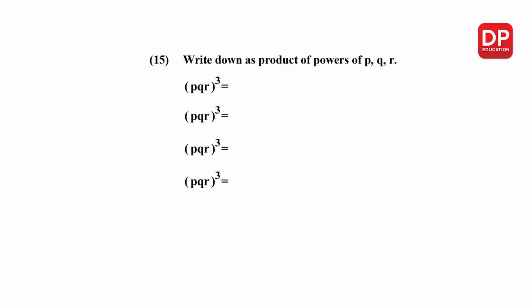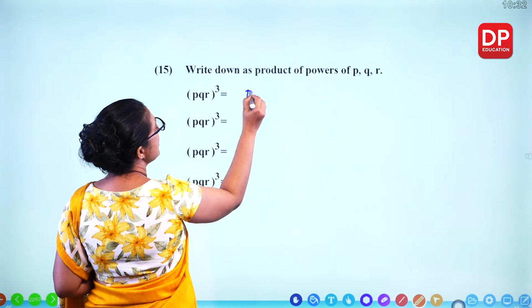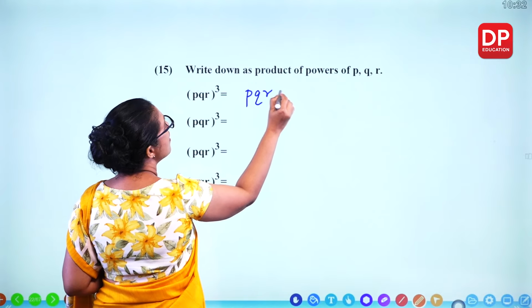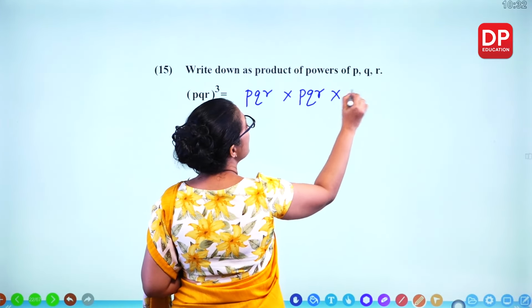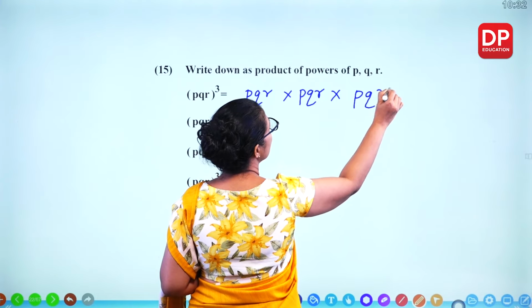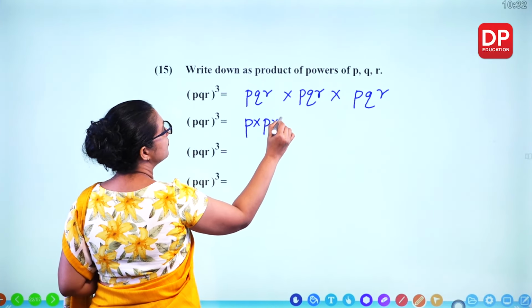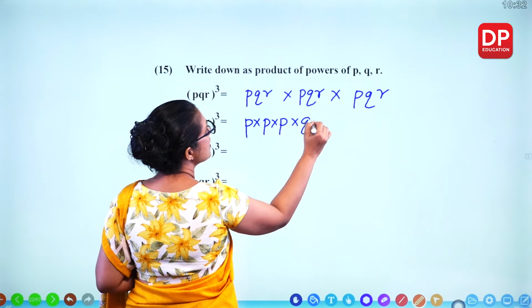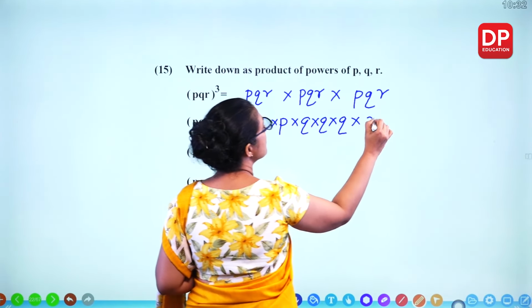Write down as a product of powers of PQR. So now you can see this one is PQR, PQR and another PQR. How many P's are there? 3. How many Q's? Another 3. How many R?